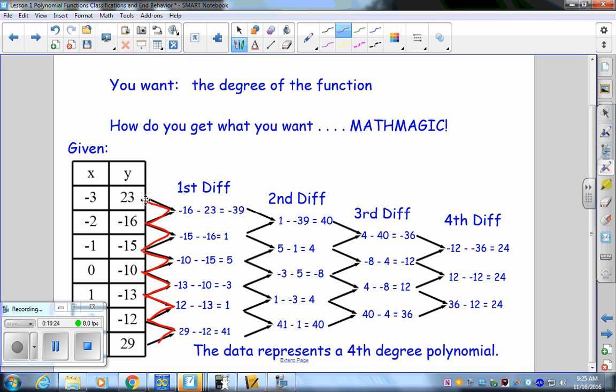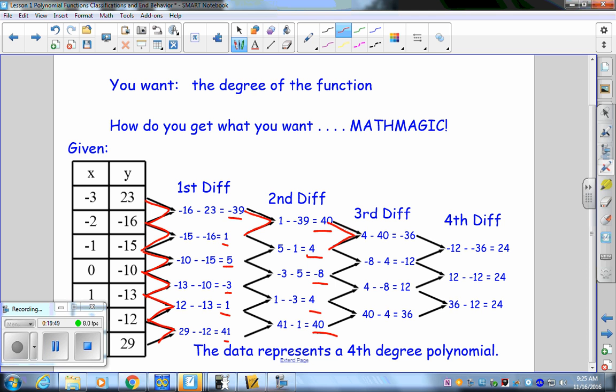So like when I do a first set of differences, this is what I get, negative 39, 1. Okay, so now from here, I take those differences and subtract again. Negative 39 minus 1, or sorry, 1 minus negative 39. 5 minus 1, 3, and you keep going. Now I have another set of differences. They're not the same, so I need to keep subtracting. 4 minus 40, negative 8 minus 4.